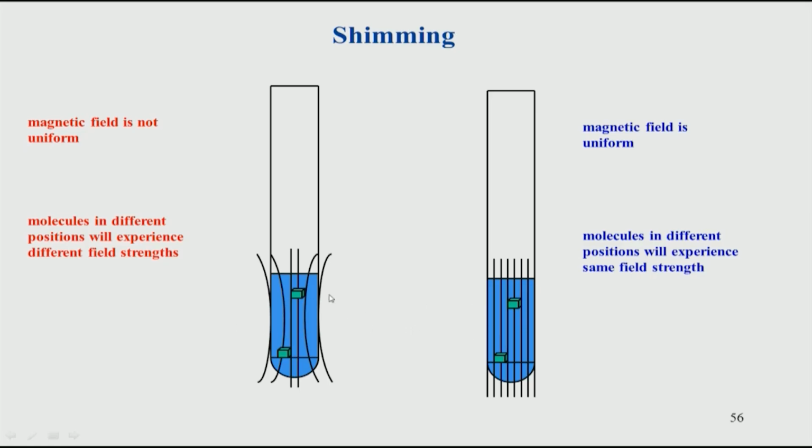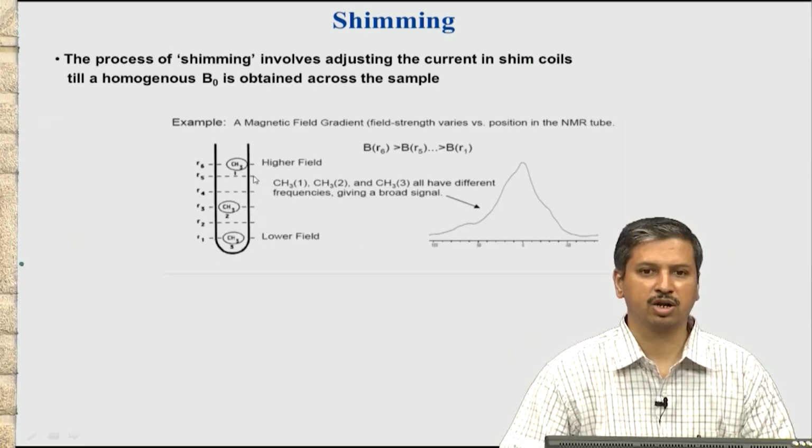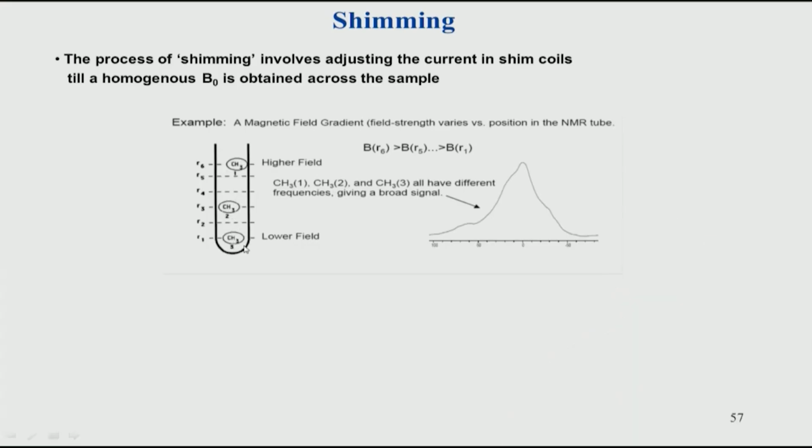This is basically done by electronics. We have a lot of coils sitting around the sample, and these are not the RF coils, but are called shim coils. These shim coils are operated in an automated manner to generate this homogeneity. This is a very important point which is shown here. You can see this is an NMR sample tube, and let us say we are looking at a particular molecule, CH3. There are different CH3s: one molecule is here, another molecule is here, and another is here.